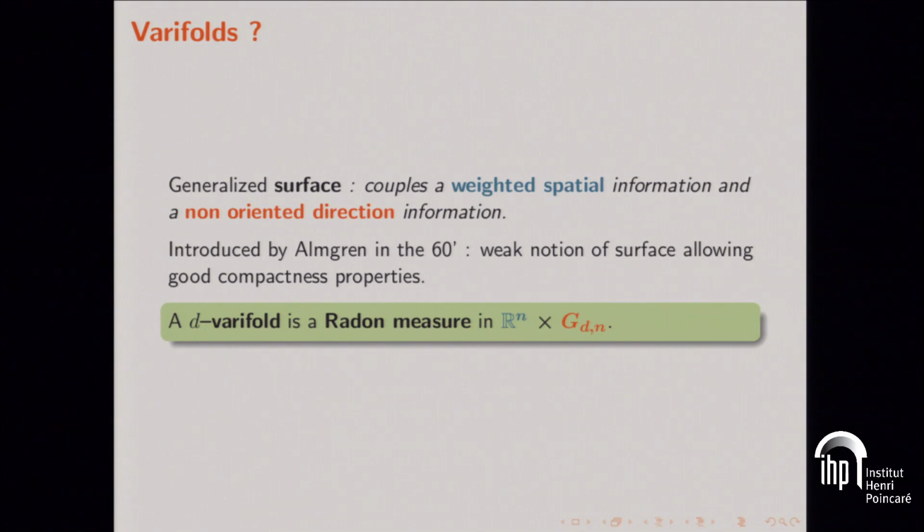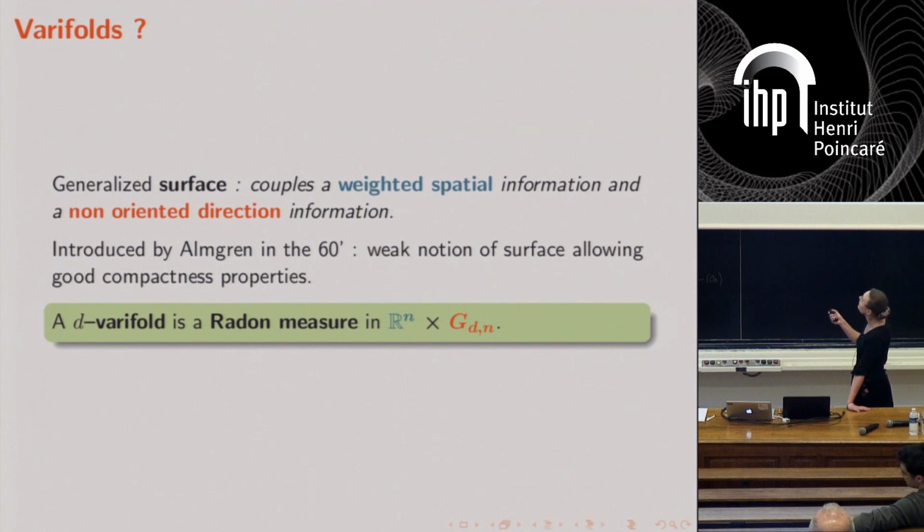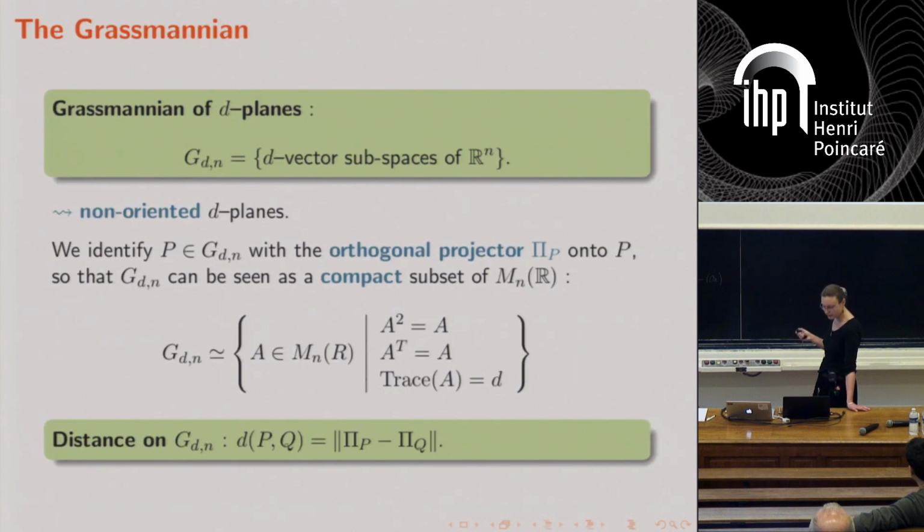It was introduced by Almgren in the 60s and then widely studied by Allard in the context of minimal surfaces. So generally speaking, technically a d-varifold is a Radon measure on the product of the space Rn times the Grassmannian.